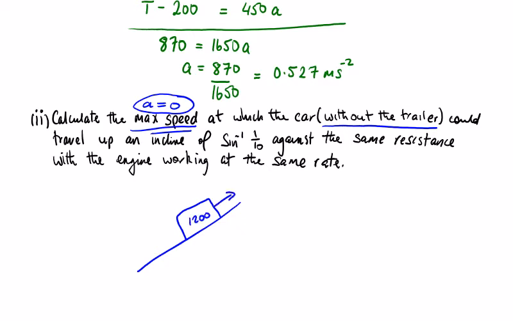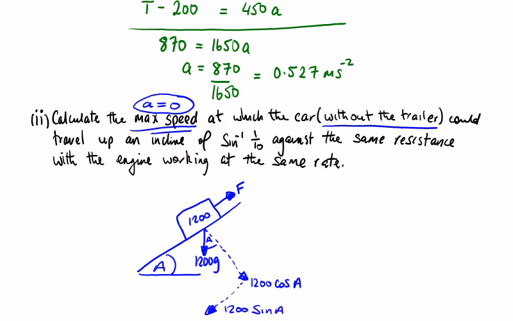We have this F going forward, which is going to be my 50,000 over V. I'll put my angle in here, A. Coming down, we have 1200 G. Coming in this direction, I'm going to have my A in 1200 cos A, which we're not going to need, I don't think, in this question. And going this way, this is the sine A that they've given us, 1200 sine A. Now what is 1200 sine A? 1/10, 120 newtons.